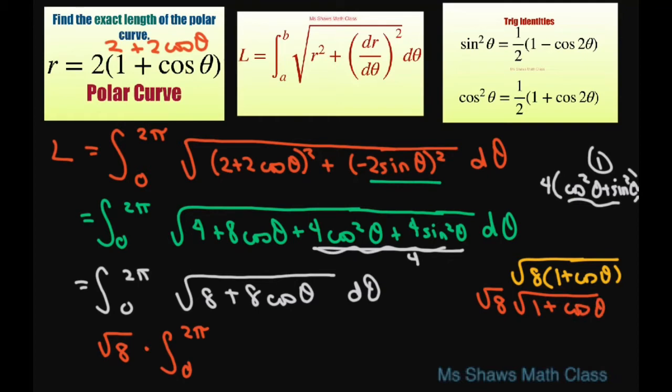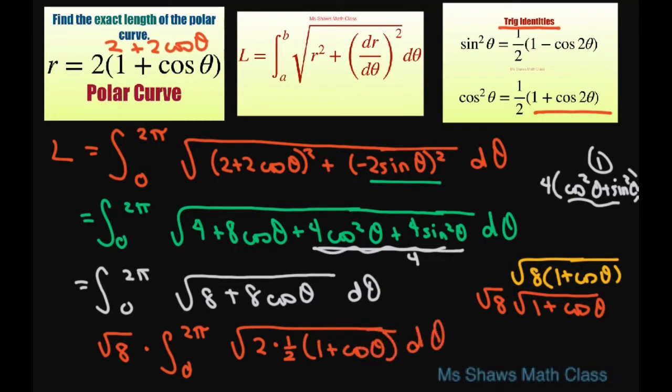Now I'm going to use my trig identity and rewrite this as square root of 2 times 1/2 times (1 plus cosine of theta), d theta. Now I didn't change anything, I just decided to write this as 2 times 1 divided by 2.